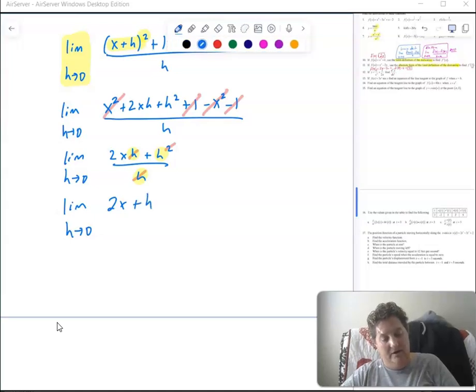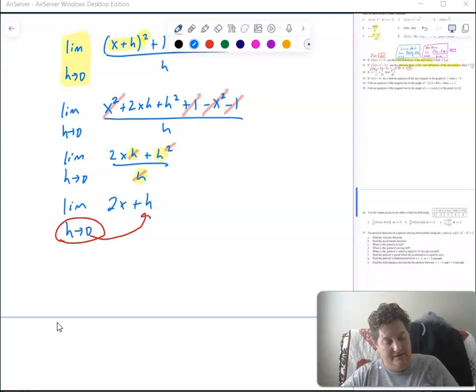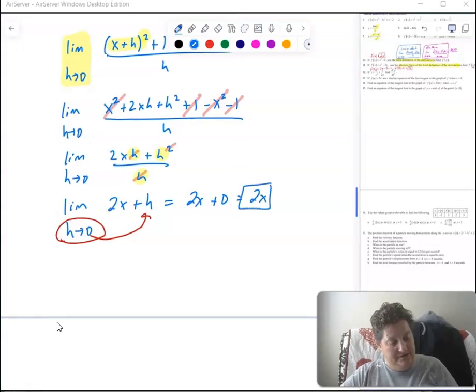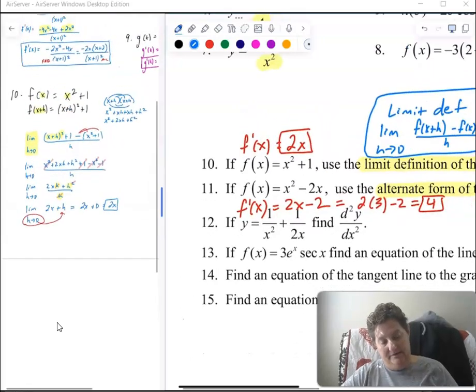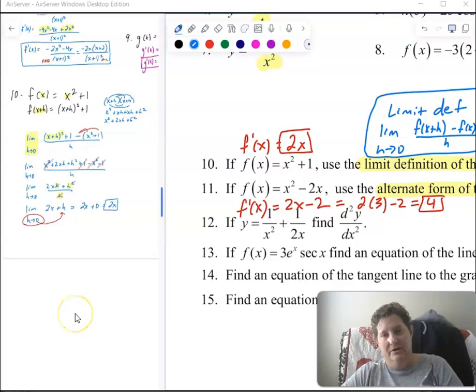And on this last step is where I can then plug it in. So I get 2x plus 0, which is 2x, which is exactly what I knew, but I had to solve it that way.